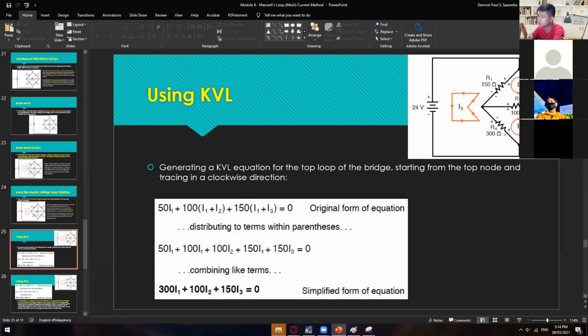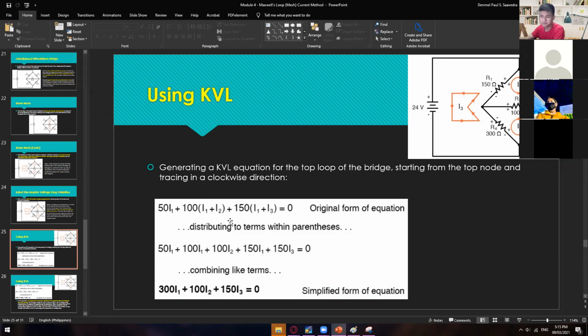So he chose to have the first symbol and then followed by the next one, which is positive 150, I1 plus I3. So you're going to use plus here since they have the same symbol. And then for the last one, we have here plus 100, I1, and then I2. So since they have the same symbol, it's plus again.